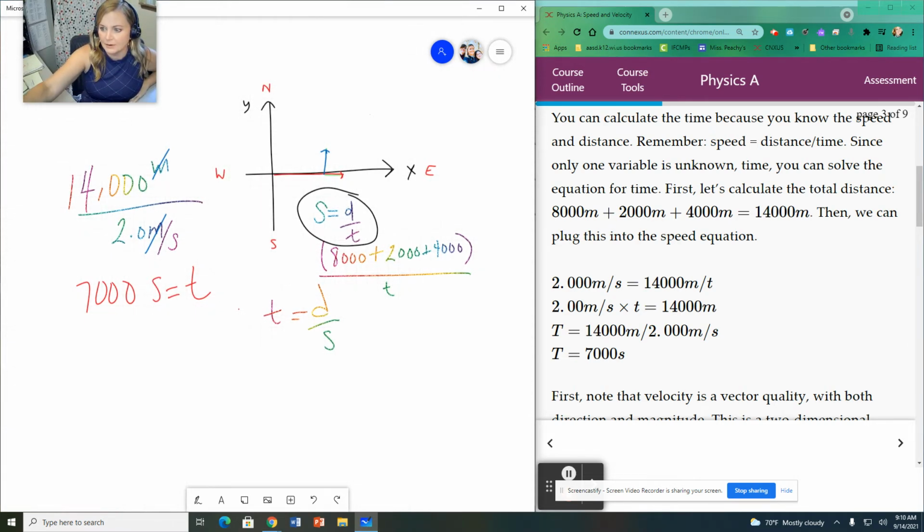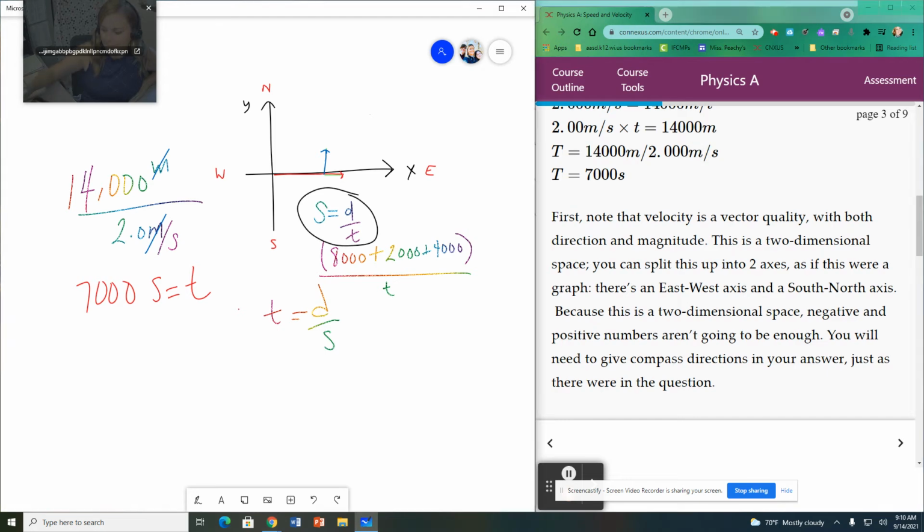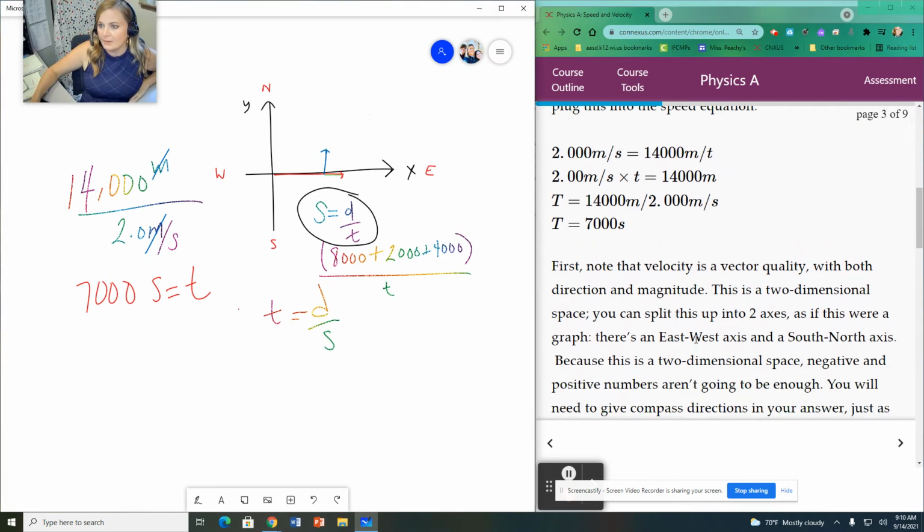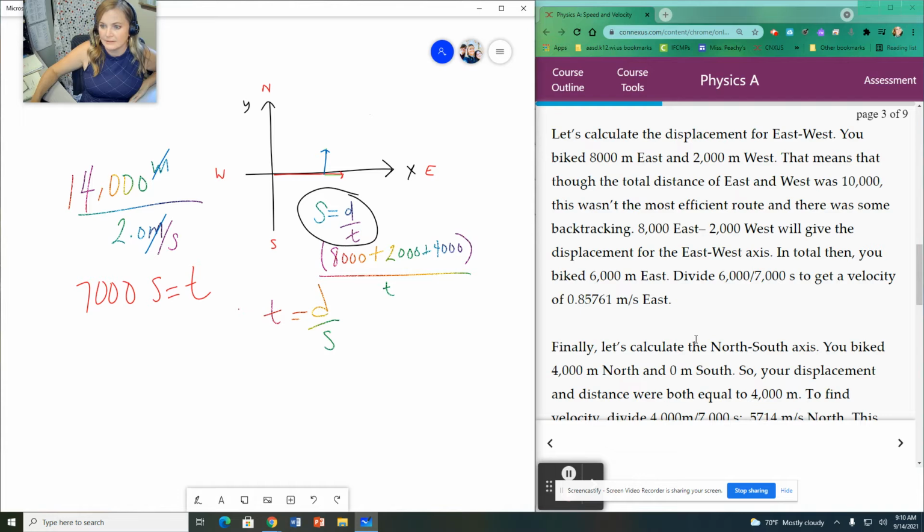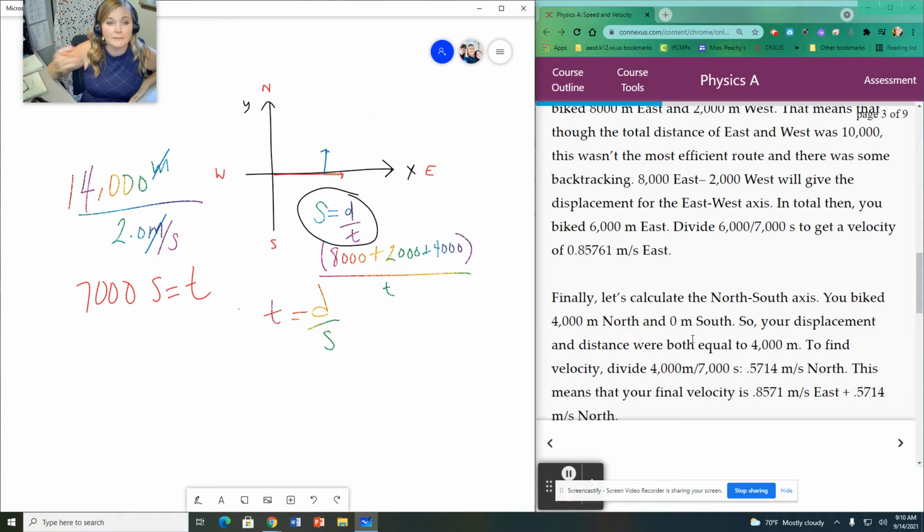So the next part here, they talk about, now we're going to look at displacement instead of distance. And we're going to look at velocity instead of speed.